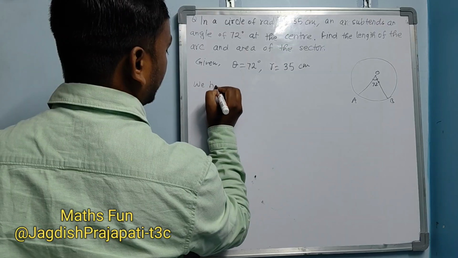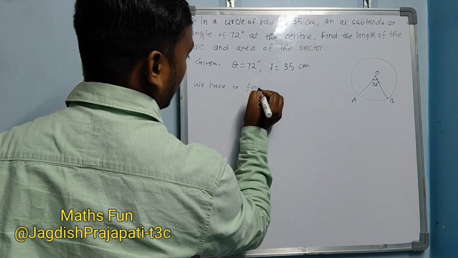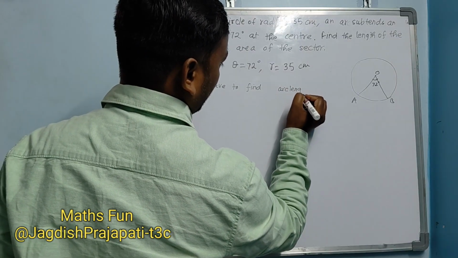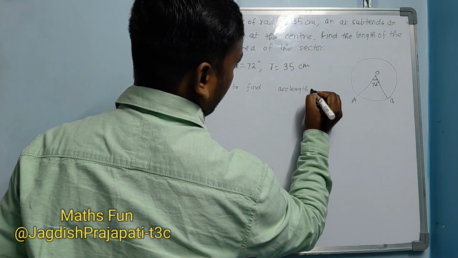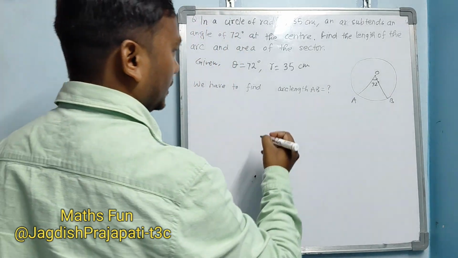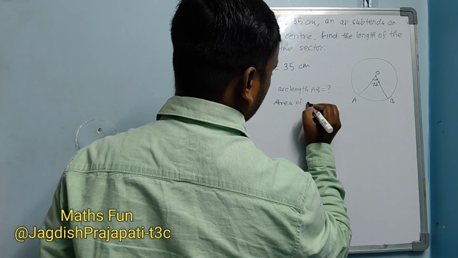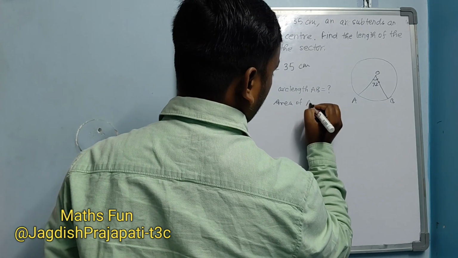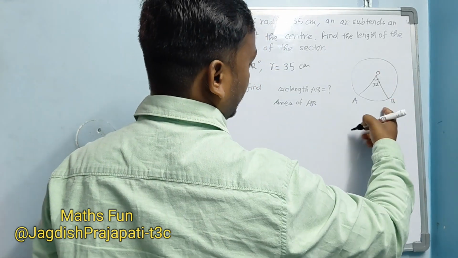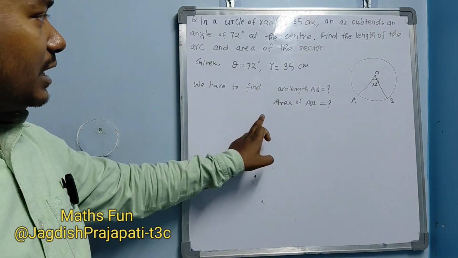What we have to find: arc length AB, and area of sector AOB. So these two quantities we have to estimate.